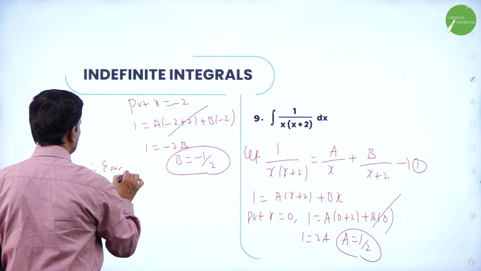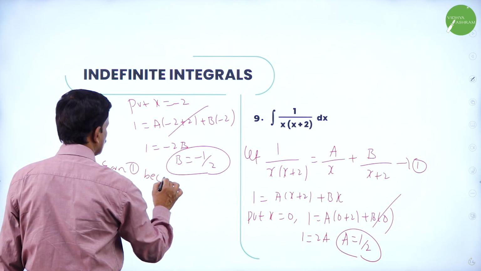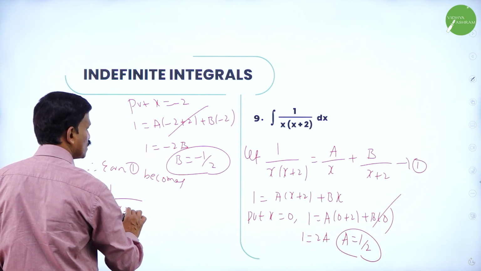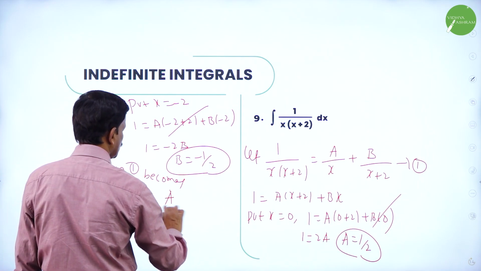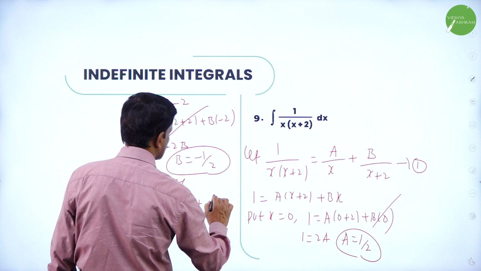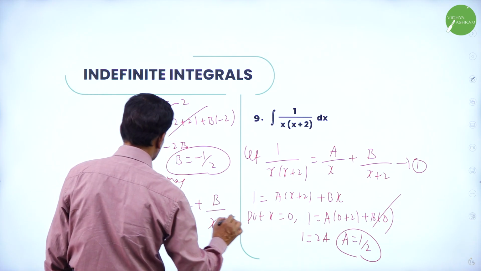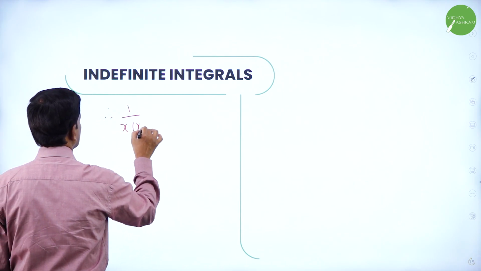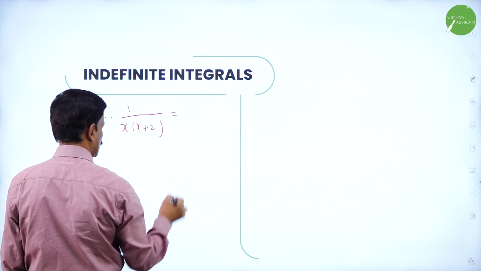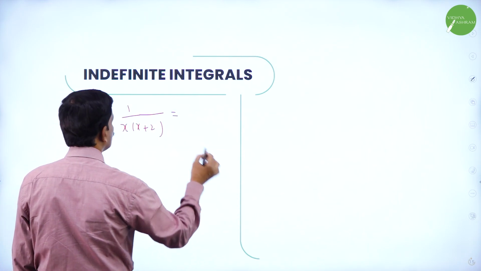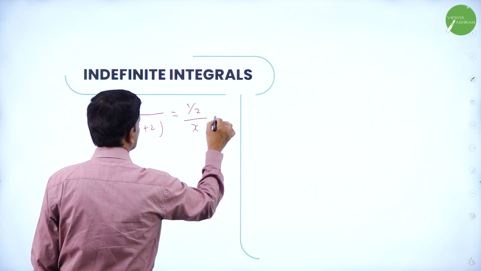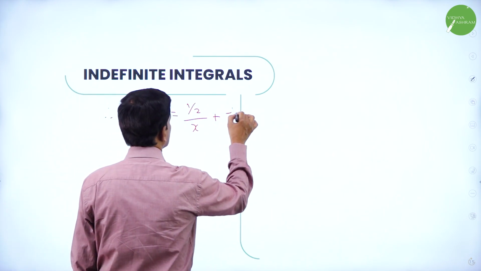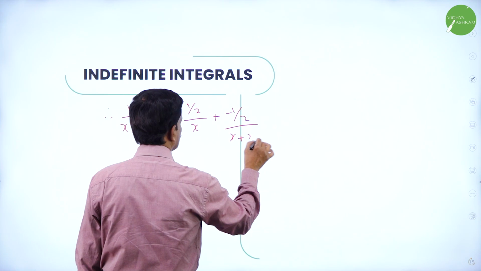Now, equation 1: 1 over x into x plus 2 is equal to a by x plus b by x plus 2. What is a? A is equal to 1 by 2, divided by x. What is b? B is equal to minus 1 by 2 divided by x plus 2.